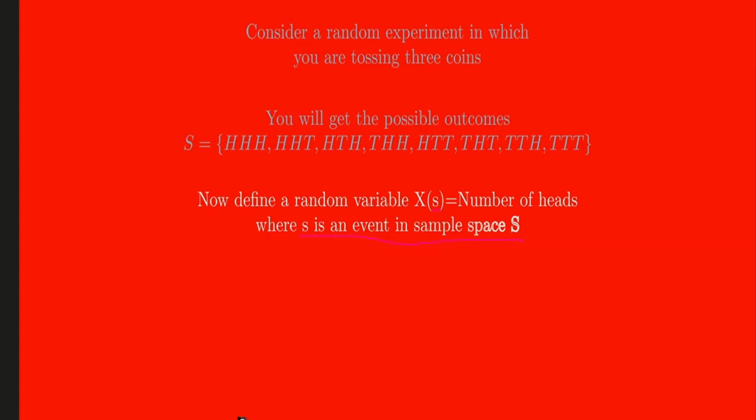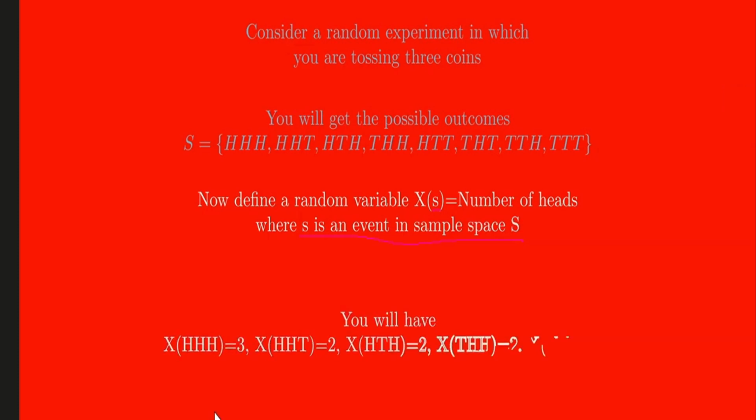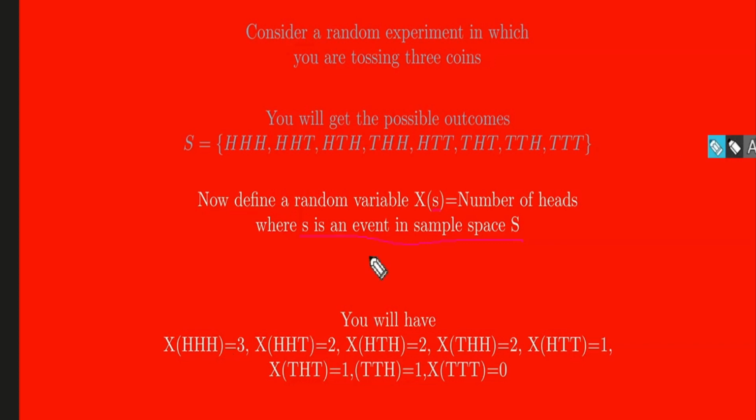So see what will happen. Here the number of heads is 3, so I have written 3. Number of heads 2, number of heads 2 again, number of heads 2 again.